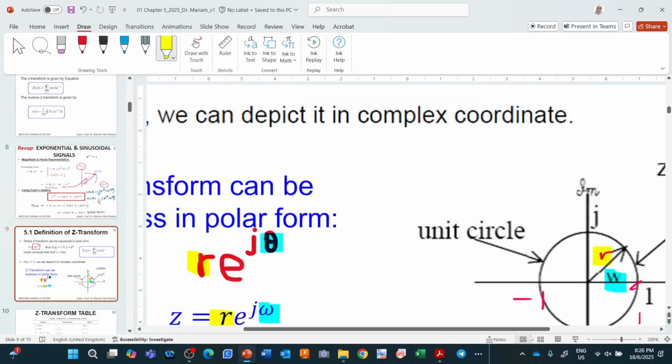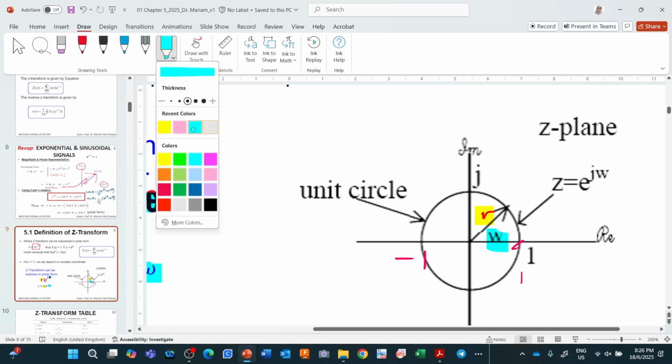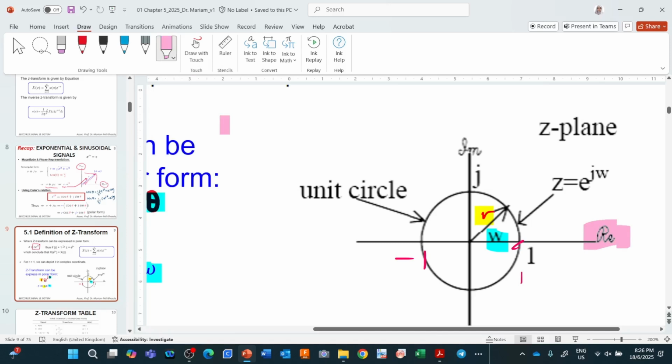If you look at how it is drawn, you have the real value, the imaginary value over here, real value is this one, imaginary value, and then we write it in terms of Z equal to R e^(j omega). R is what? This length, the radius, and then theta is basically this omega.